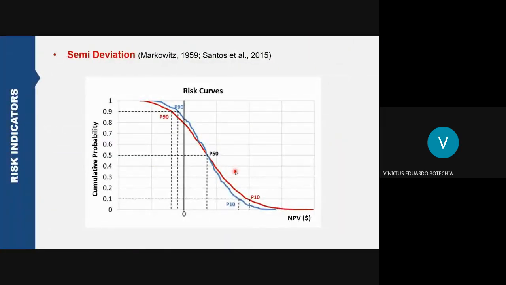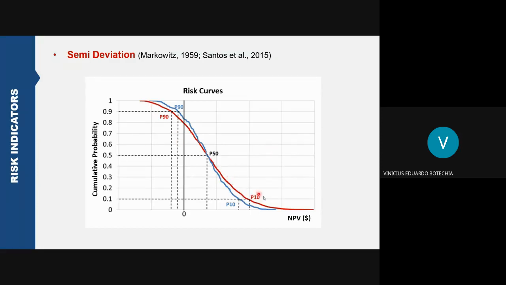Explain more. In this example as well, these risk curves have two project options. For instance, the blue curve represents a strategy, and the red curve represents another strategy. So we want to analyze which one is riskier, right? When you take a look at first, you say, yeah, the red curve is riskier, but it's not riskier in itself. It's just that it has more variability, right?